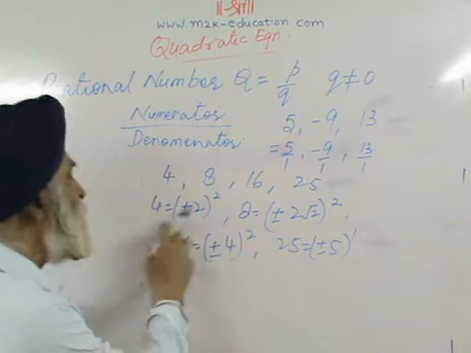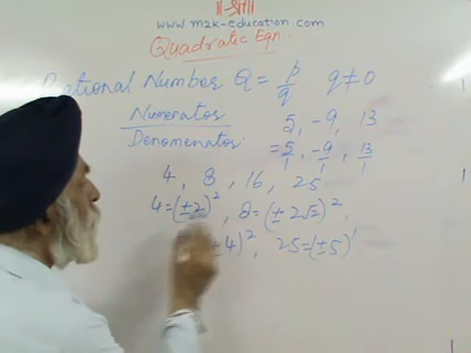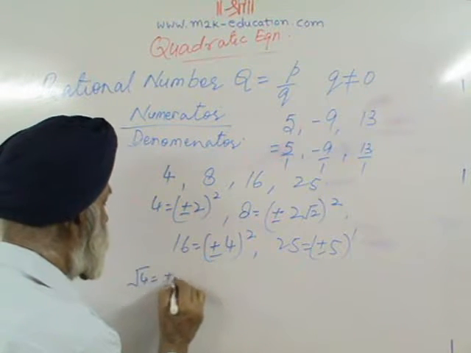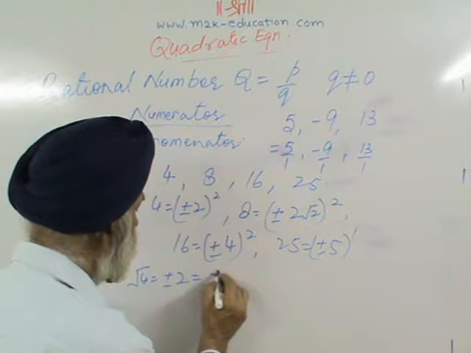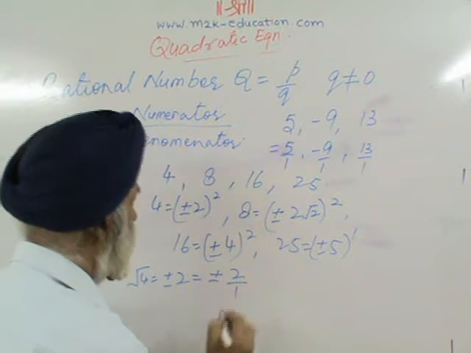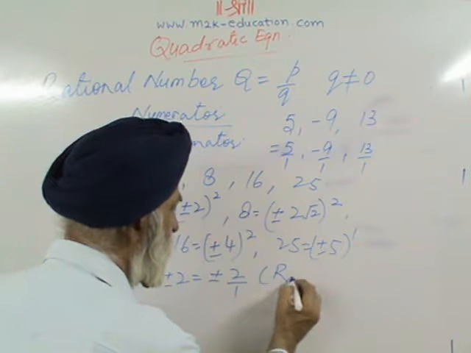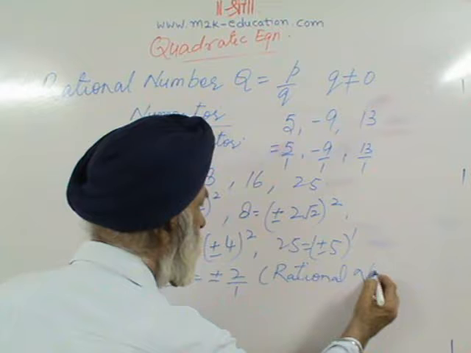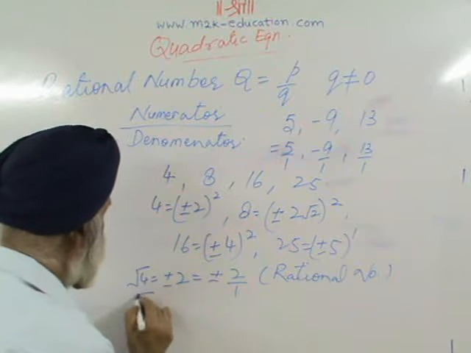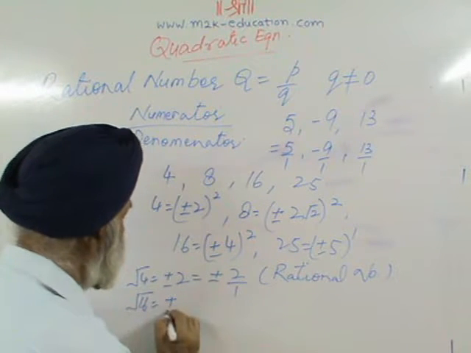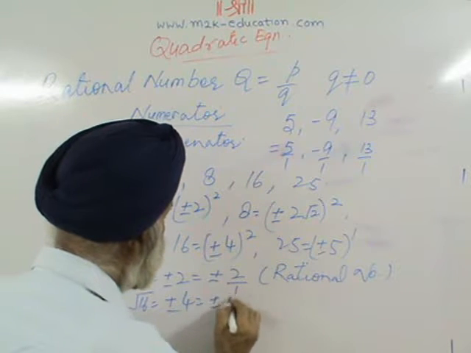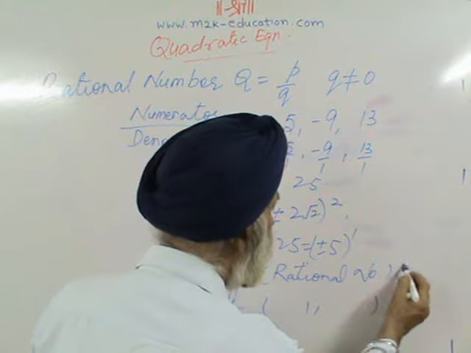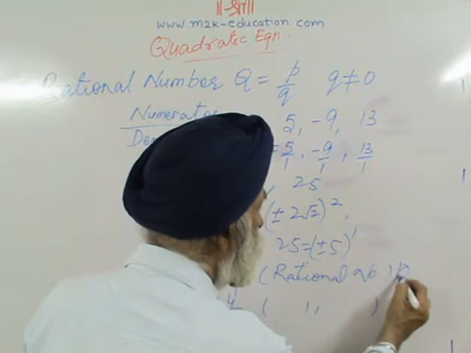Now looking at these numbers, if I find the square root of 4, it will be plus minus 2, which can be written as plus minus 2 upon 1. So this becomes a rational number. Or root 16 is equal to plus minus 4 upon 1, a rational number in the form of P upon Q.